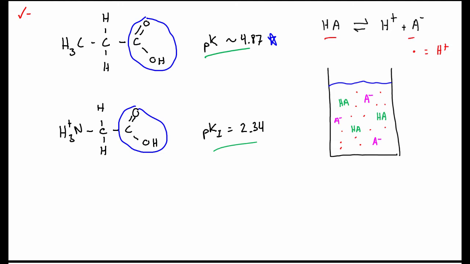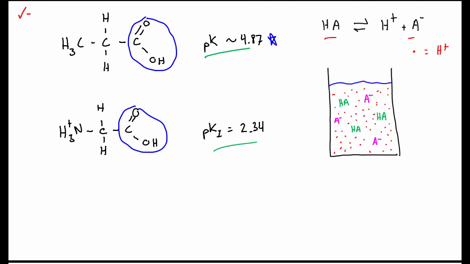Well, for glycine, we would have to add significantly more of these. And remember, it's on a logarithmic scale, so we'd have to add a lot more protons to the surrounding solution to force that A minus, or more of that A minus, into the protonated form. And so we just draw more and more of those.